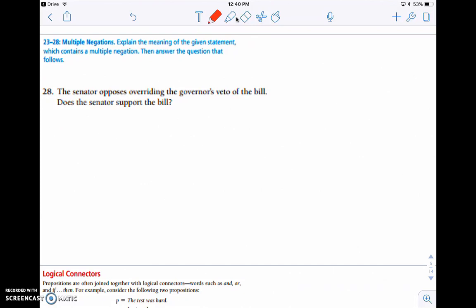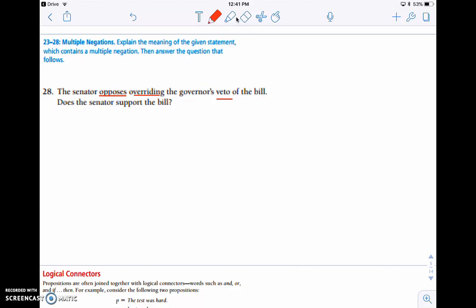So it says, the senator opposes overriding the governor's veto of the bill. So opposes overriding and vetoing a bill.